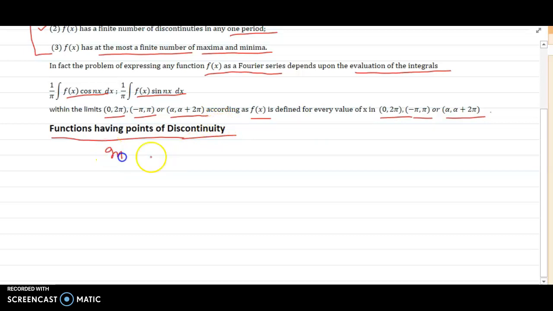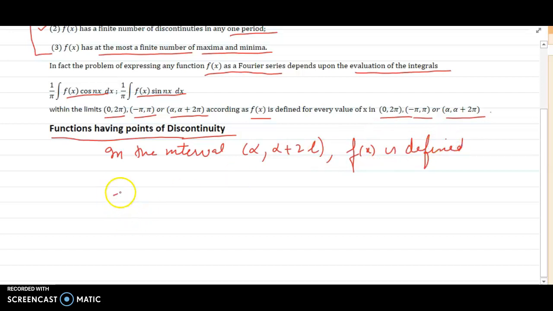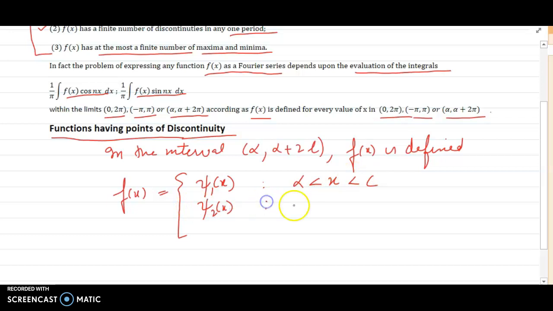Suppose in the interval alpha to alpha plus 2l, our function f of x is defined as some function, say psi 1 of x, when x is varying from alpha to c, and its value is psi 2 of x when x is varying from c to alpha plus 2l.